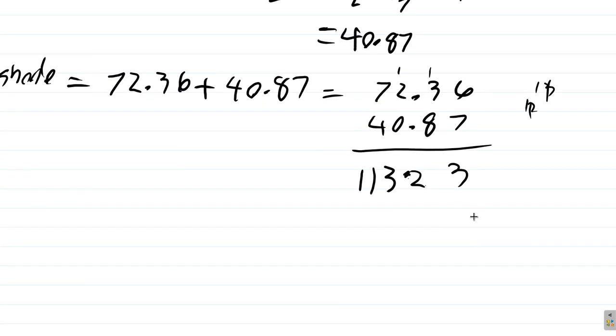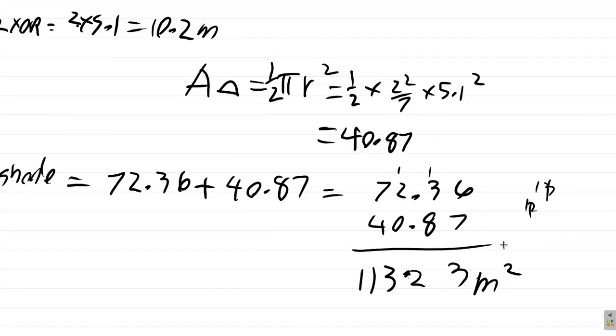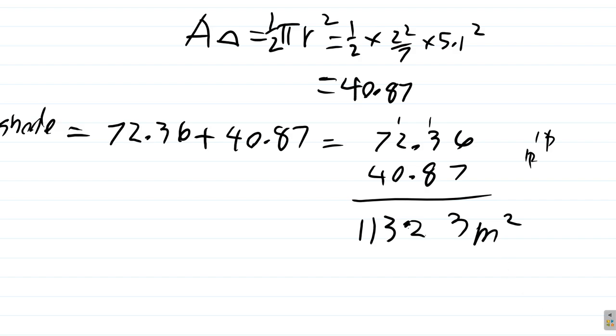So 113.23 is what we got, or just about 113 if you want to call it that. 113 meter square. When you find any value, you must write down the units. The unit in this case is meter square.